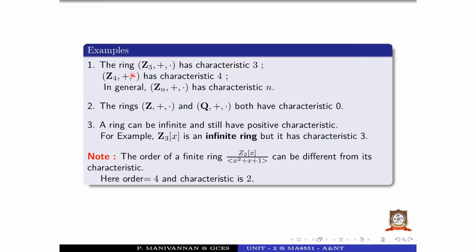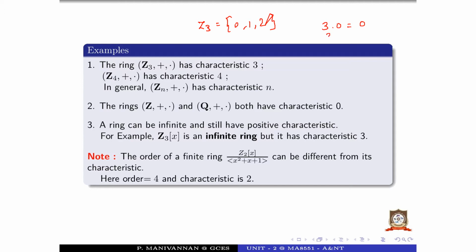Example: the ring (Z3, +, ·) has characteristic 3, since Z3 has the elements 0, 1, 2. If we multiply 3 with each and every element, 3 into 0 equals 0, where 0 is the additive identity.